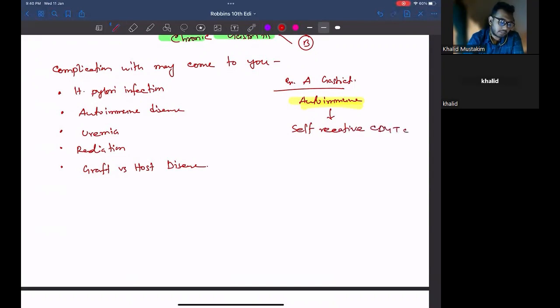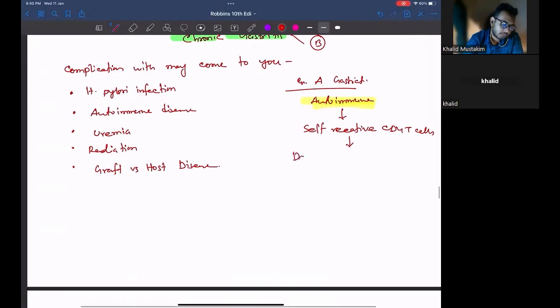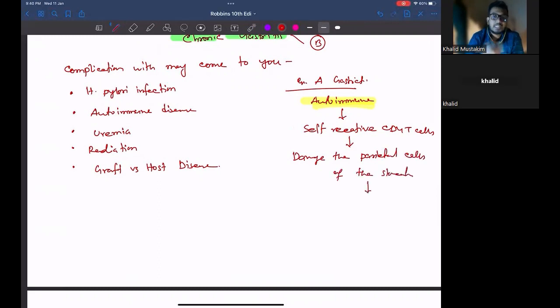They are characterized by self-reactive CD4 T cells. What do these self-reactive CD4 T cells do? They actually damage or destroy the parietal cells of the stomach.